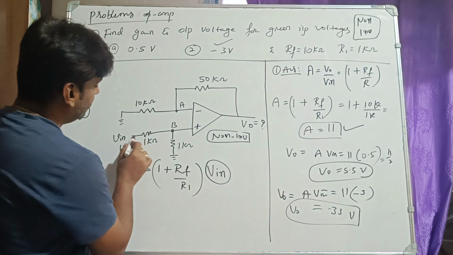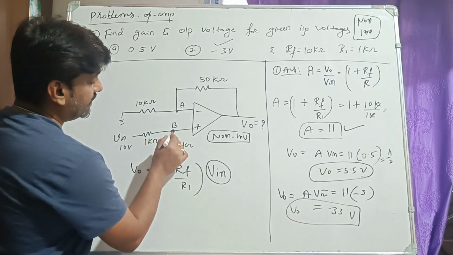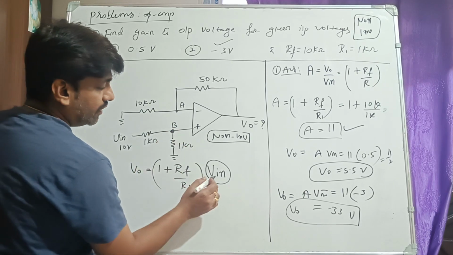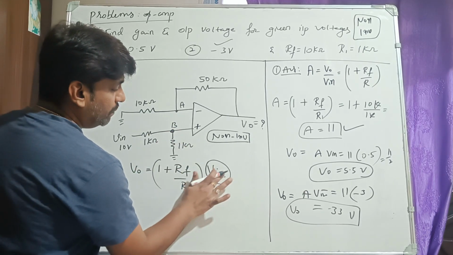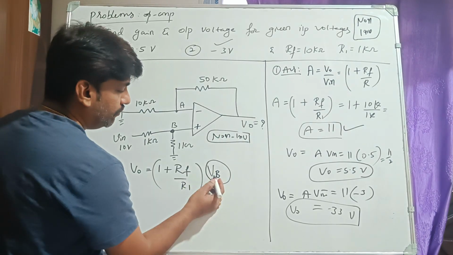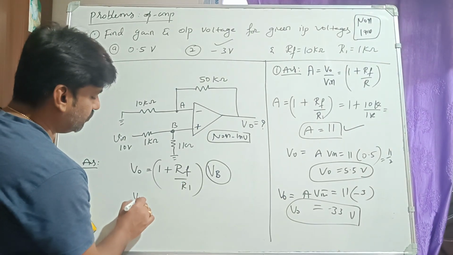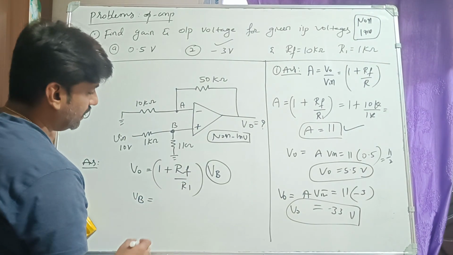Now, you should observe this Vin very carefully. Here, Vin is not connected to the plus terminal, but instead it is connected to a voltage. So this Vin should be replaced by that voltage, which is called VB. VB is the voltage given at the non-inverting terminal. So we should calculate VB first. How to calculate VB?